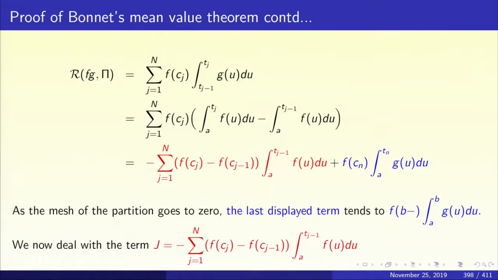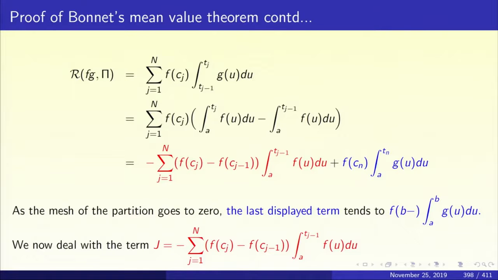So, R(f, g, π) equals the summation from j = 1 to n of f(c_j) times the integral from t_{j−1} to t_j of g(u) du. This integral we will write as a difference of two integrals: the integral from a to t_j of g(u) du minus the integral from a to t_{j−1} of g(u) du. So, now we have this summation a_j (b_j − b_{j−1}).